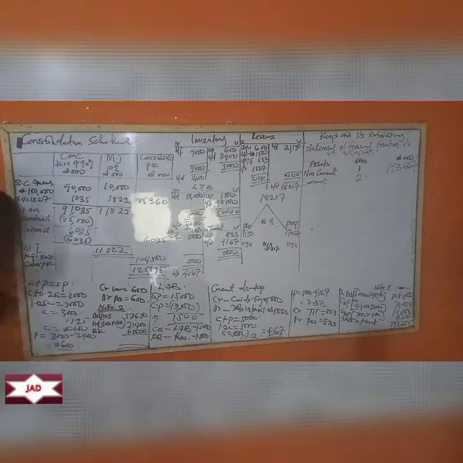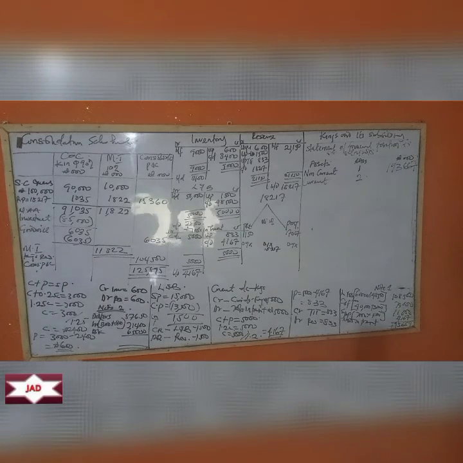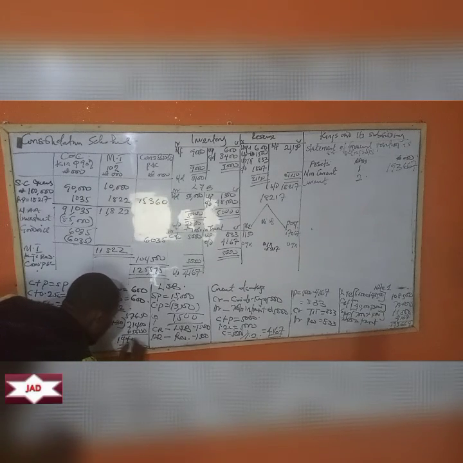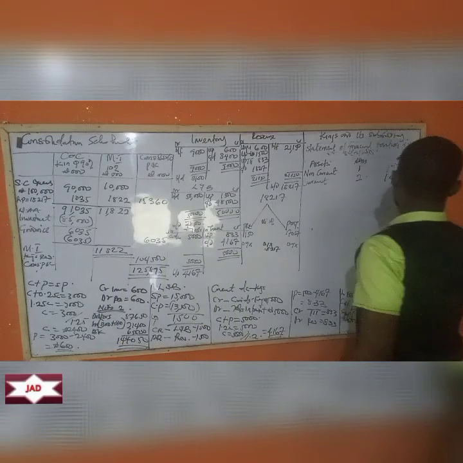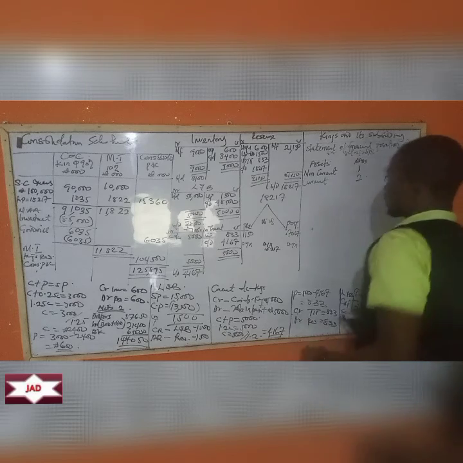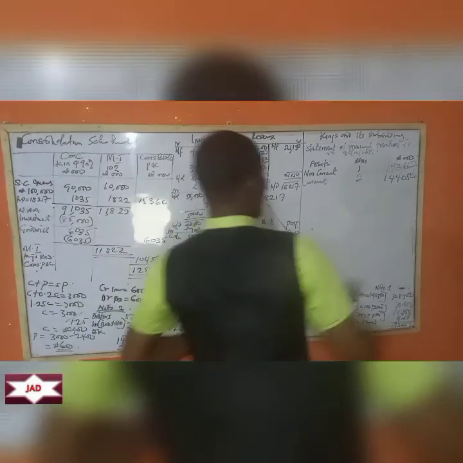So what do we have? 57,650 plus 21,400 plus 65,000 gives 144050. So that's it for current and non-current. This time around there's no goodwill, so let's add up here.